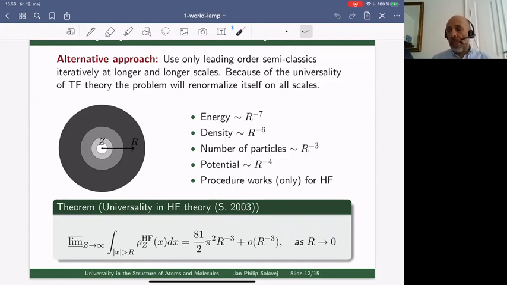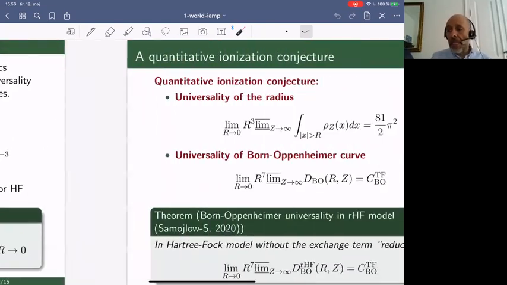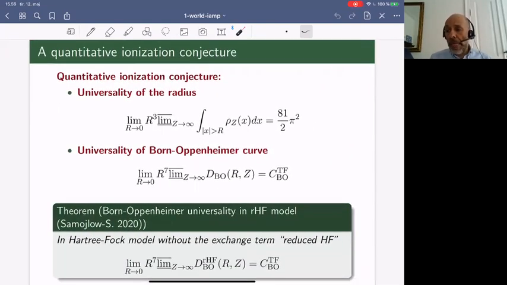So it may not be a fixed point of a transformation. It's the fact that this Thomas-Fermi potential has a unique strong singularity. So you can show that any solution to the Thomas-Fermi potential will behave like this in a certain range of scales. So this leads me to make a quantitative ionization conjecture.